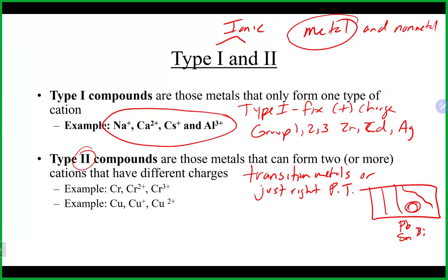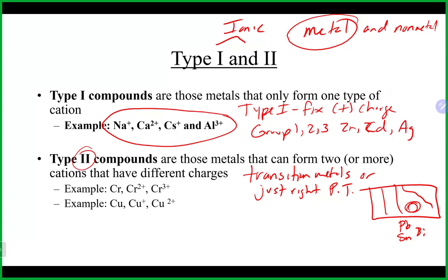These guys can have variable charges. As you see there, chromium in certain cases could be a +2 or +3 charge. Copper could be +1 or +2. Iron, for example, could be +2 or +3. Lead can be +2 or +4. So it does depend on the situation.